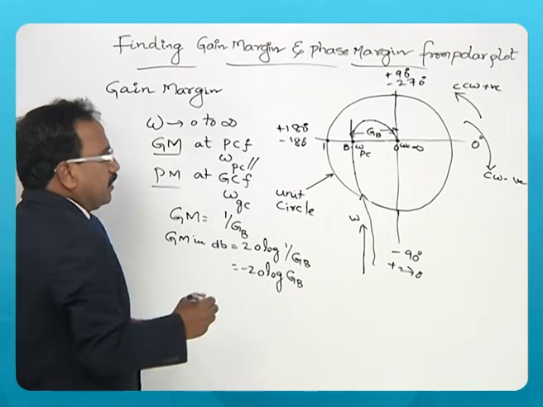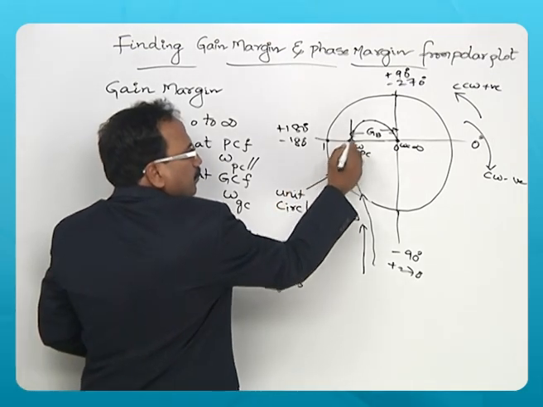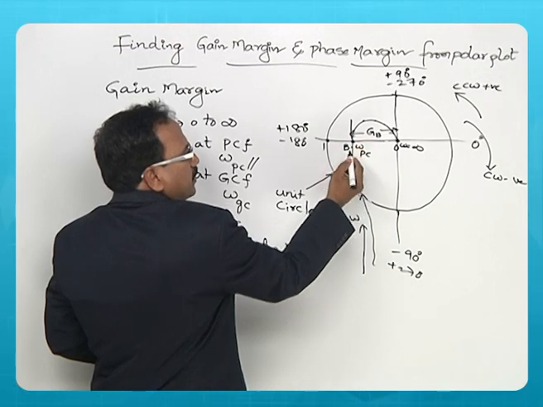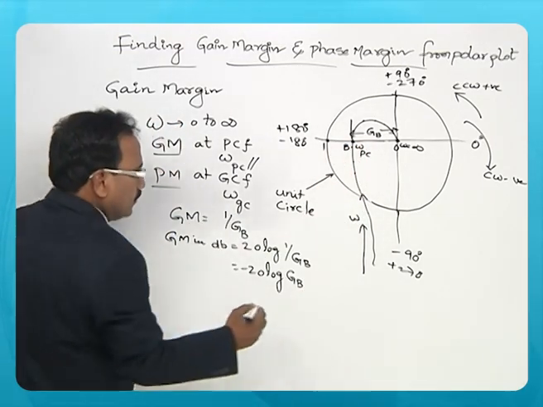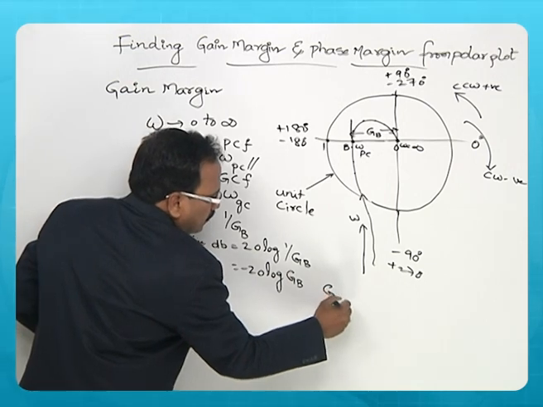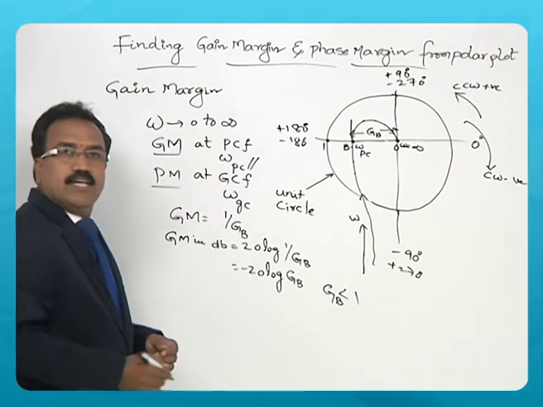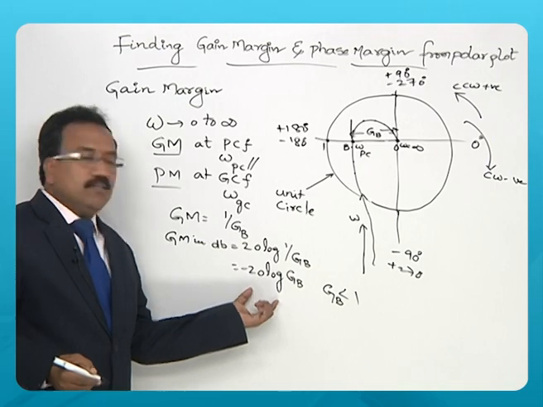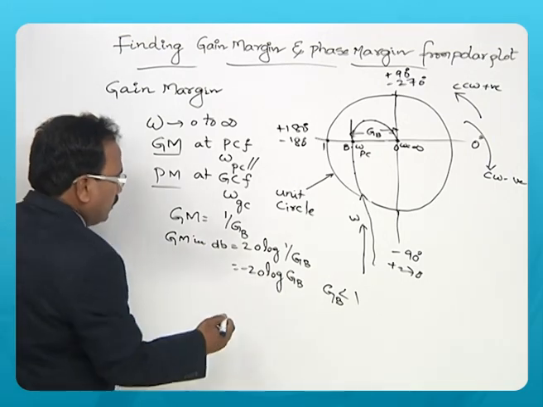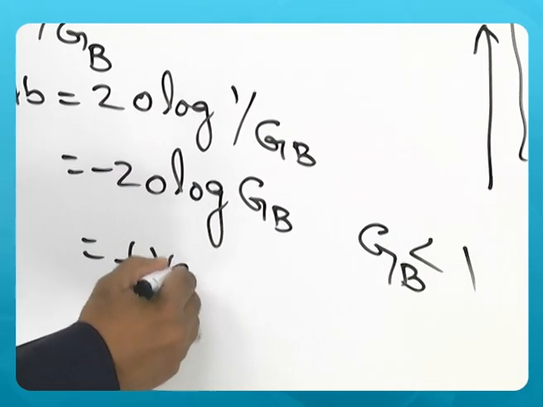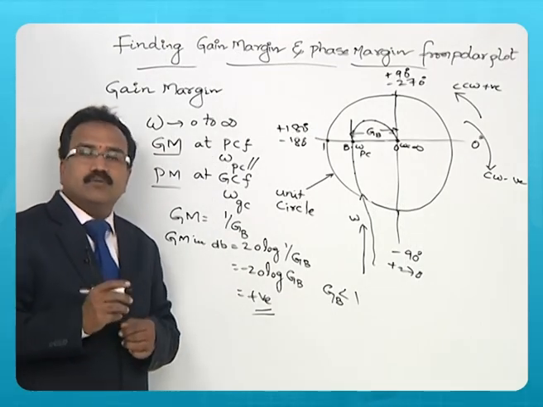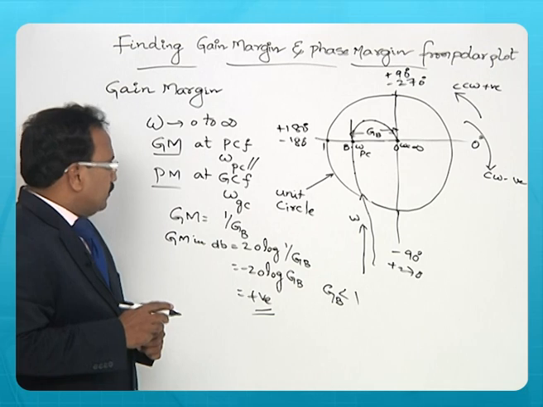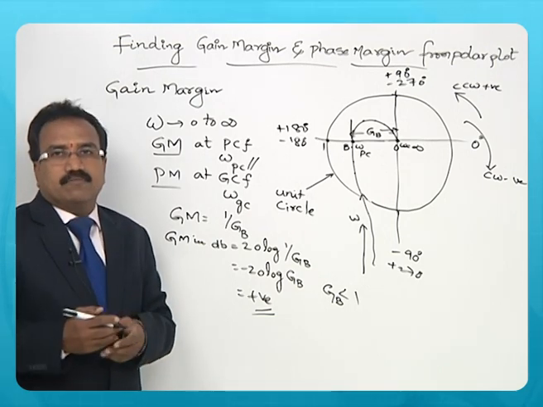Now, if you look at this point, where the plot is crossing minus 180, GB is less than 1. So, in decibels you will have a positive gain margin, because the value of gain at phase crossover is less than 1. So, the gain margin is positive.